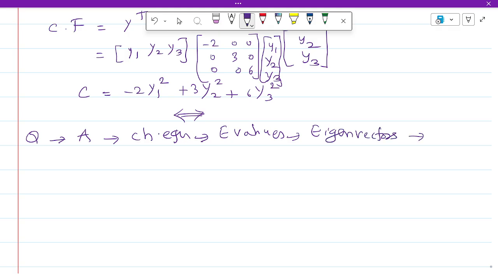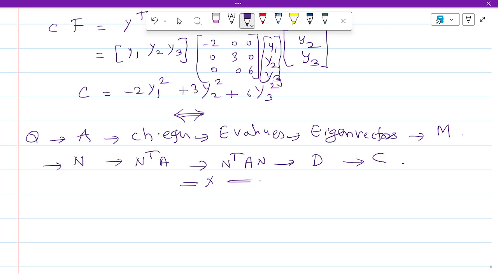From the eigenvectors, the model matrix M. From M, you find N. Then N transpose A, then N transpose AN, then the value of D, then the canonical form C. So this is the procedure. Don't skip any step. For practice, I will send more problems.